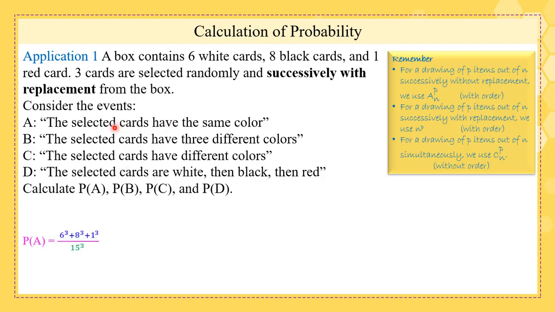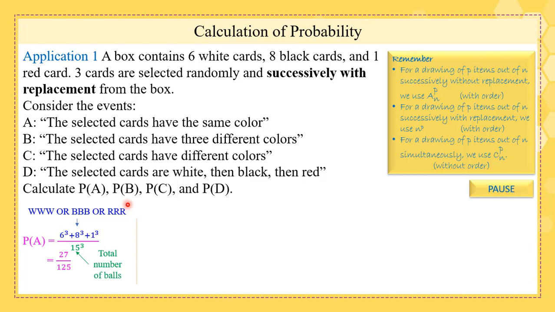Now for P of A, it says that the selected cards should have the same color, so they could be 3 white cards or 3 black cards or 3 red cards. This is WWW, BBB, or RRR over the total, which is in this case 15 cubed, which is 27 over 125.